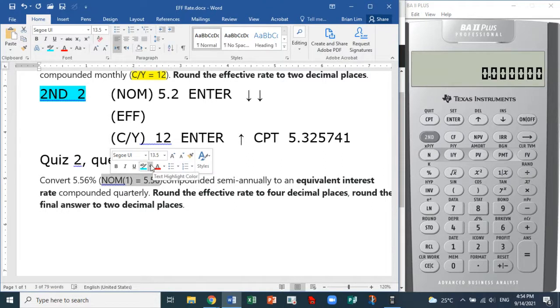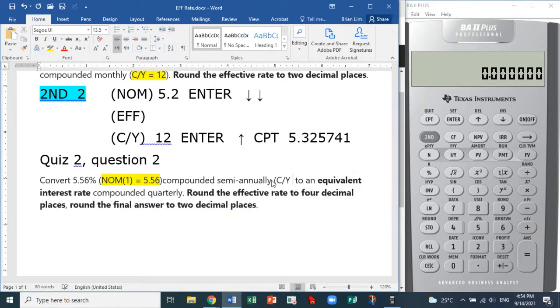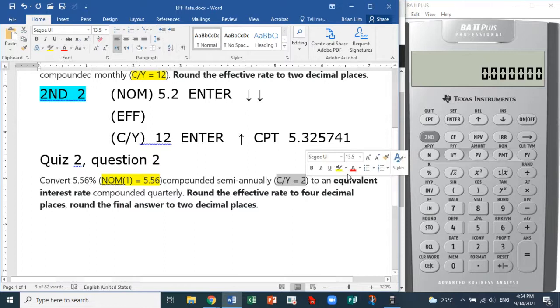All right, so this is the first one. You have the 5.56, and then it's compounded semi-annually. So we know that in this menu, you will only see CY, and that is equal to 2. Okay, so we want another one that is an equivalent rate, but now it's compounded quarterly.